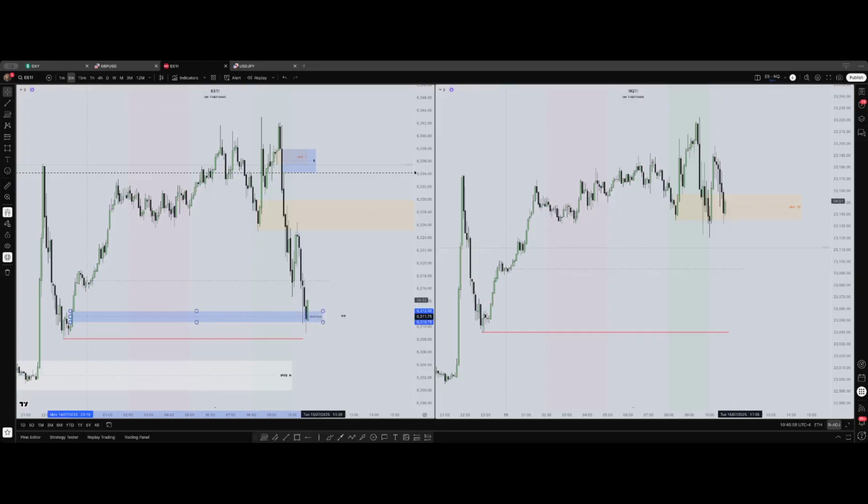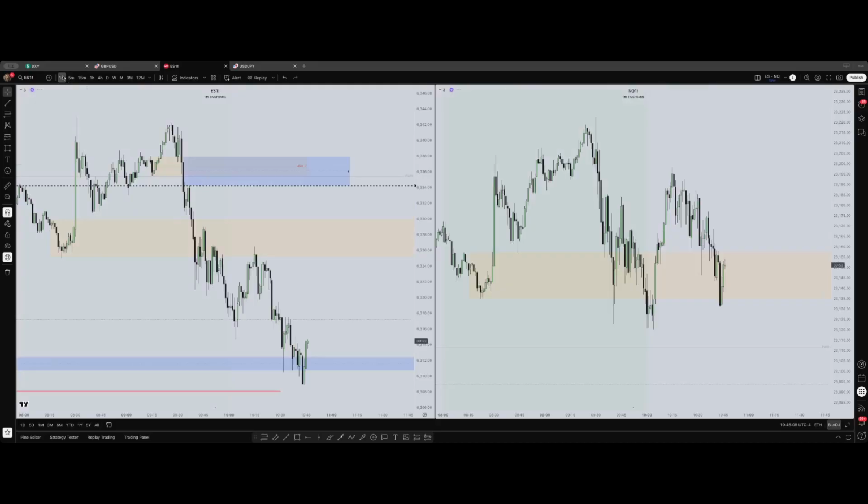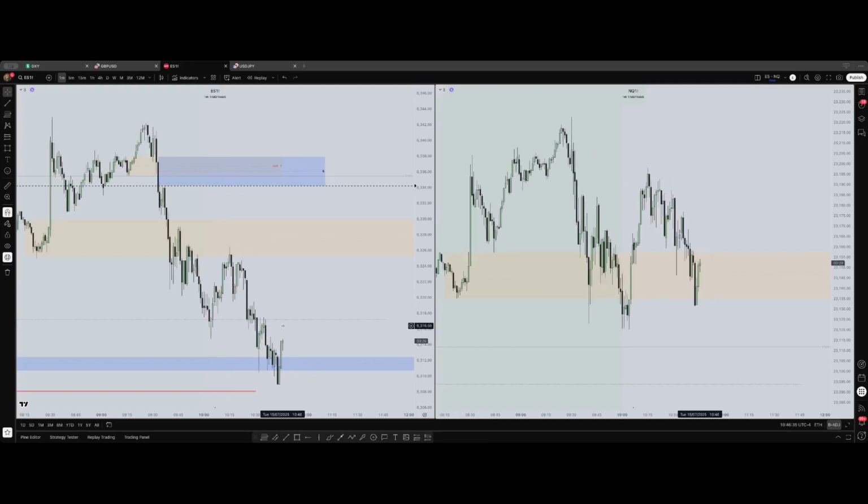The real support. We have a fair value gap here. Let's see if price respects it or not.